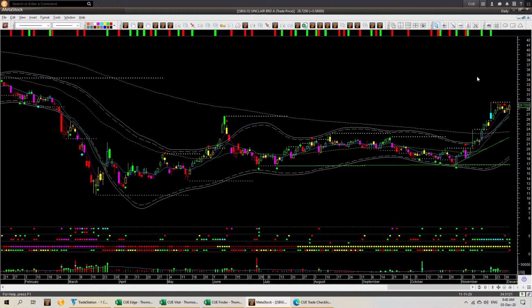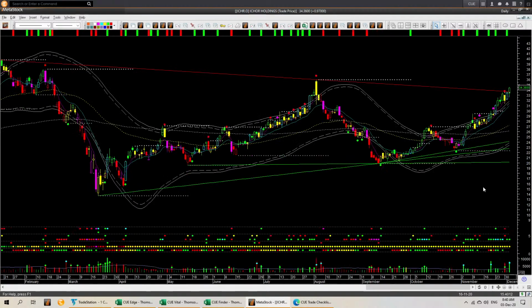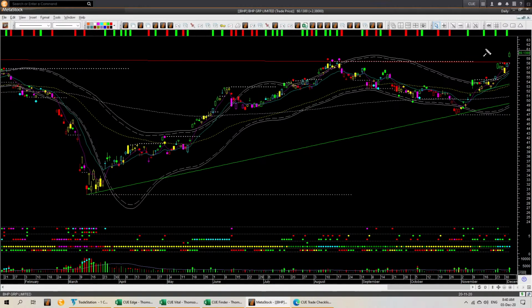This is SBGI. This has a breakout setup. ICHR also has a breakout setup from the trendline resistance, and BHP also has a breakout setup from trendline resistance.